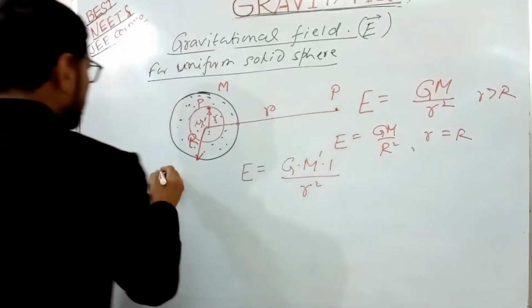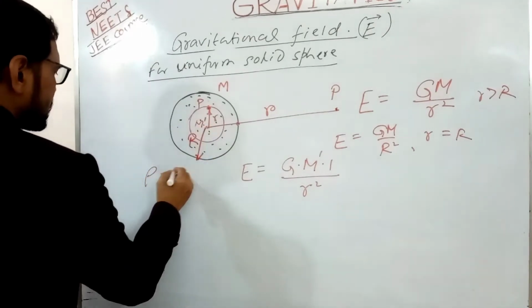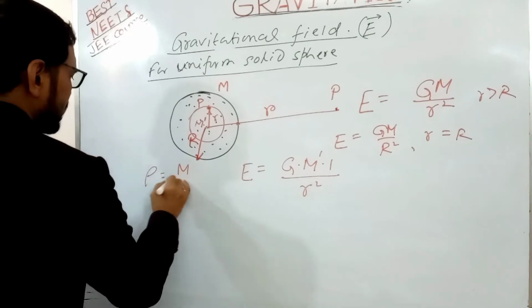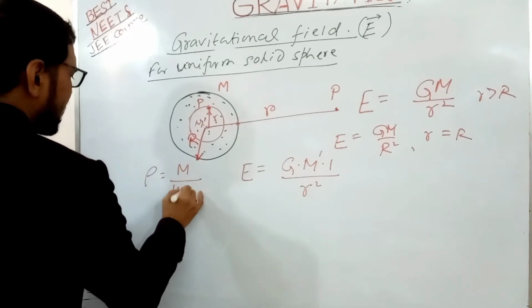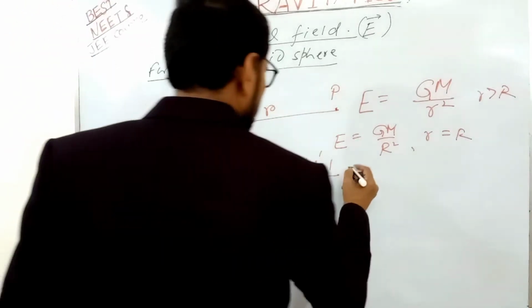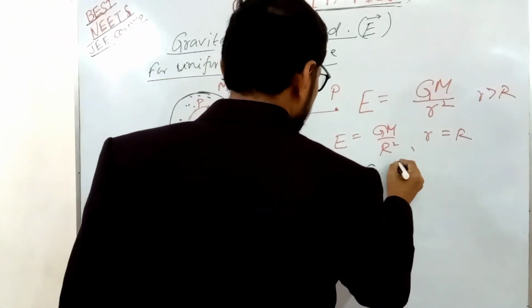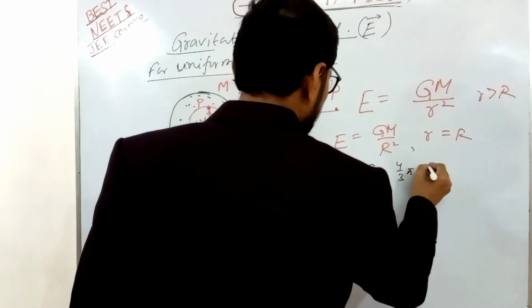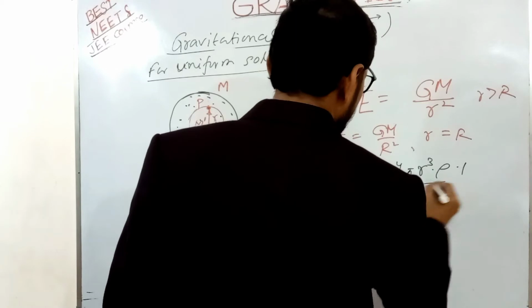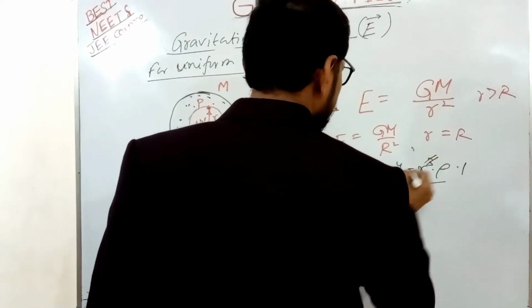Now if rho is the density of the sphere, rho equals total mass M by volume 4/3 pi R cube. So M dash equals 4/3 pi r cube into density, into 1 by r square. So r square cancels.